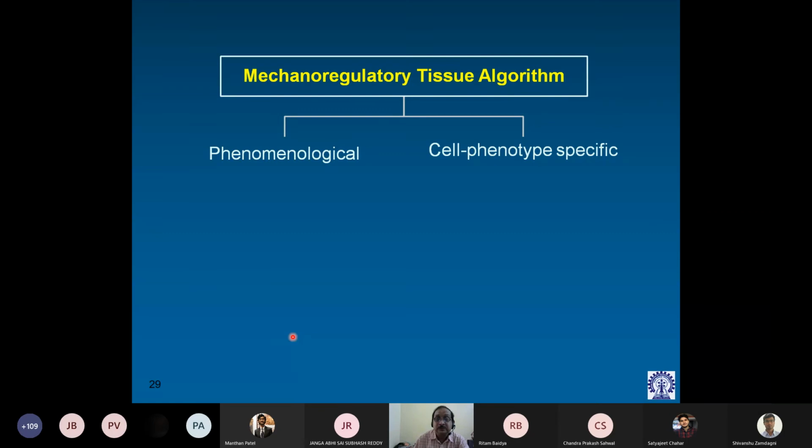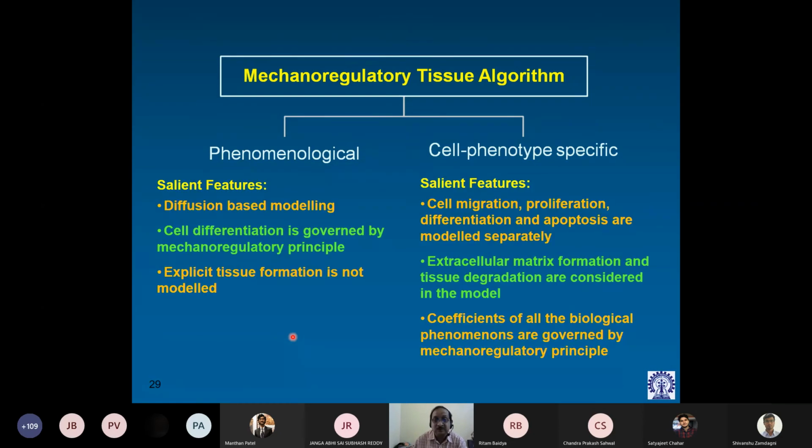So we set out to develop a computational framework to implement the mechanoregulative tissue differentiation algorithm. As I had discussed earlier, we had two models. One is a simplified phenomenological model. Another is a more elaborate, more detailed cell phenotype specific model. Salient features of the phenomenological model: it is diffusion-based modeling.